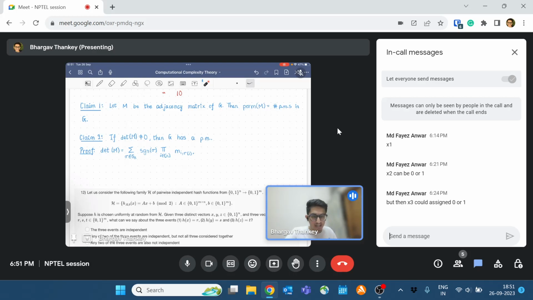Start with an array 1 to n, and your end goal is to obtain the array sigma 1, sigma 2, up to sigma n. What you can do is flip two elements at a time. If the number of flips required is odd, then the sign is -1. If the number of flips required is even, the sign is +1.